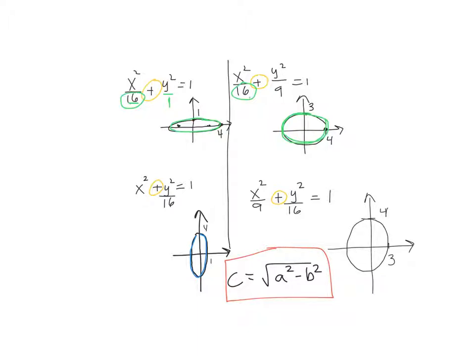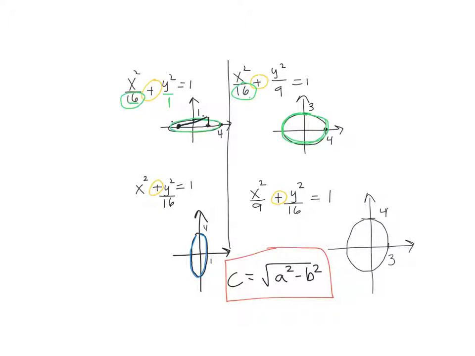And that's actually how the ellipse is formed: if we took a little string and connected it with thumbtacks to these two foci, and then pulled the string tight and went all the way around in both directions, what we would get is an ellipse. So that's how the ellipse is formed.